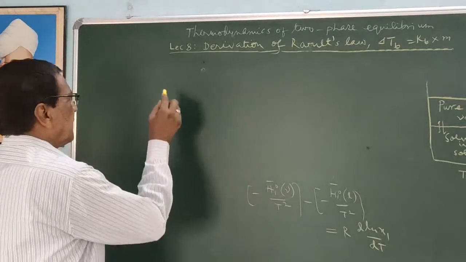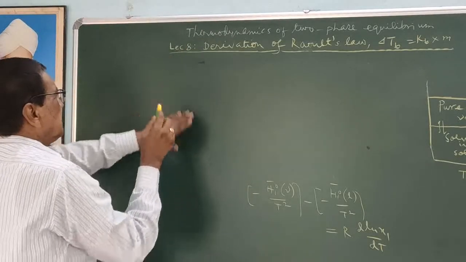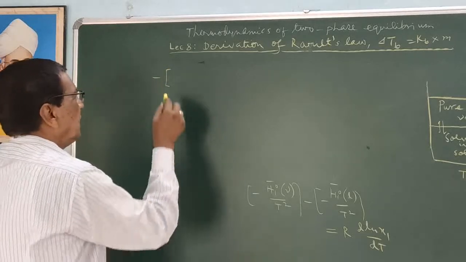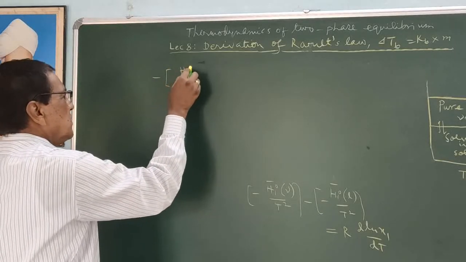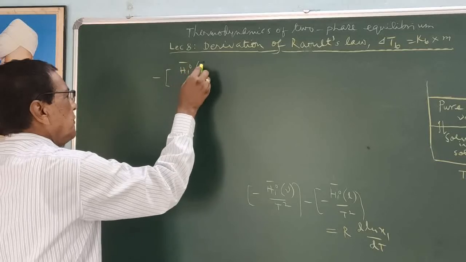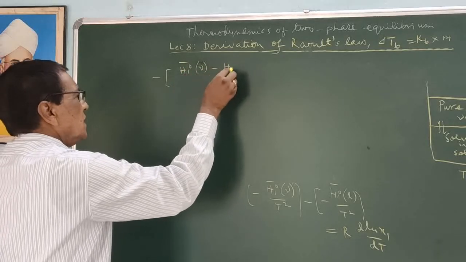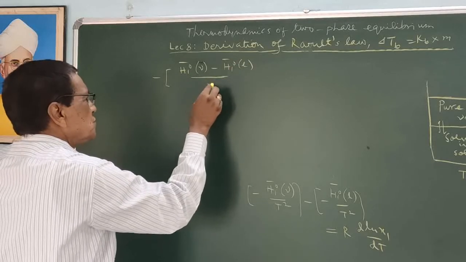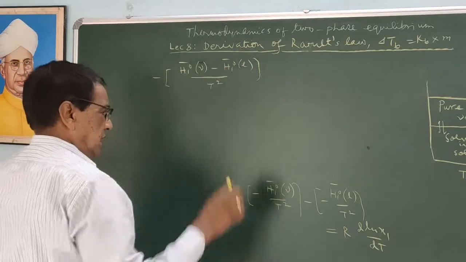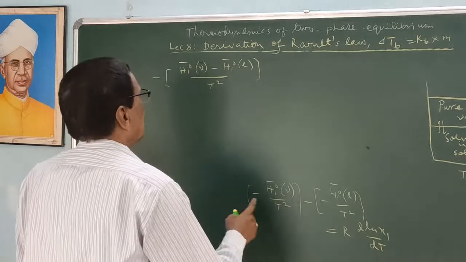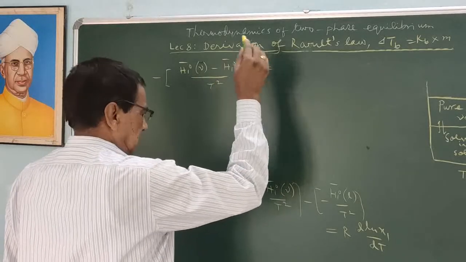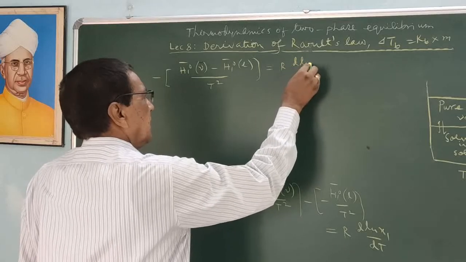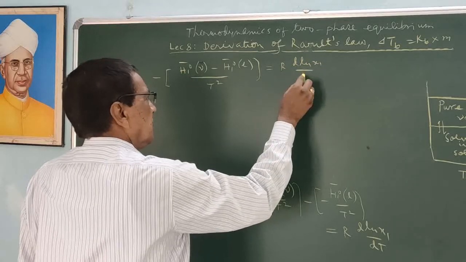Now we can write here the third bracket: H1 naught bar V minus H1 naught bar L, divided by T squared, and T squared is common, and this is equal to R d ln x1 by dT.